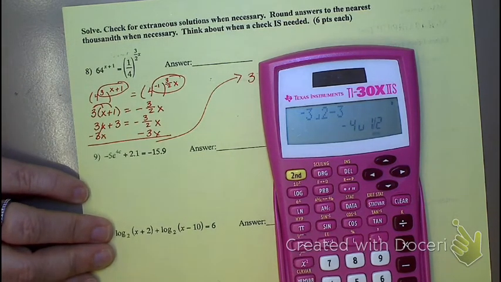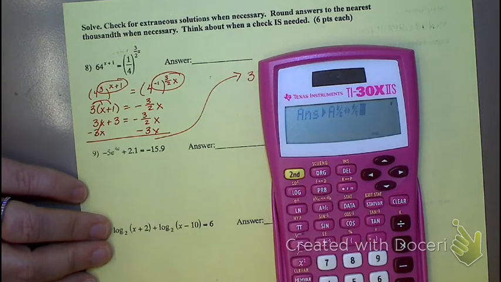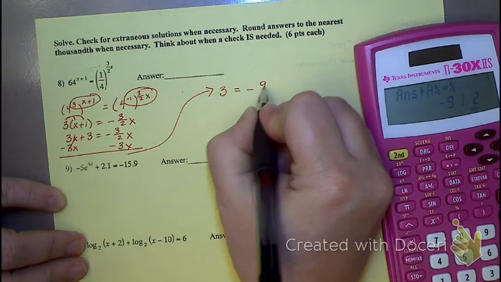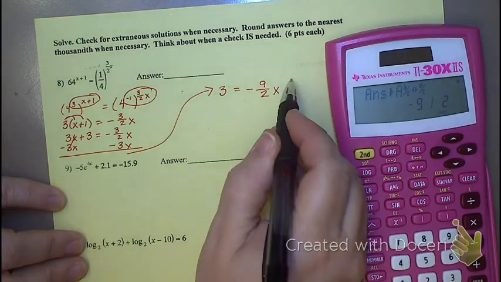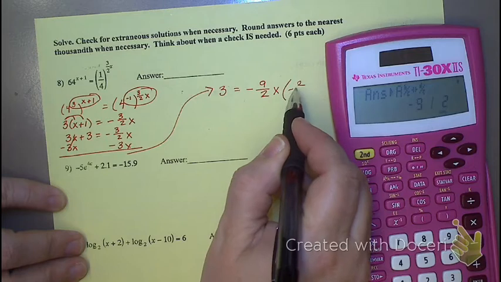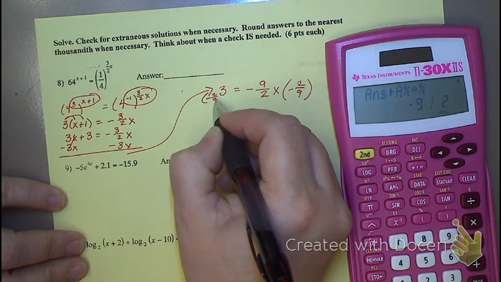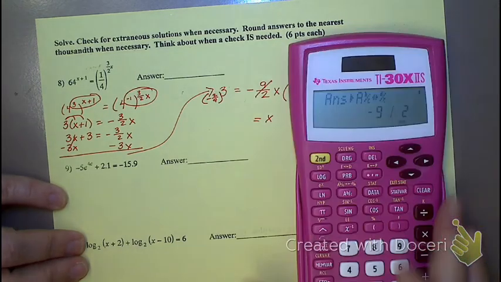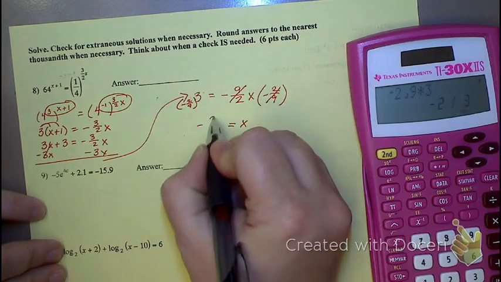I don't like negative 4.5, I want an improper fraction, so I hit second and my fraction button. I've got negative 9/2, so I have negative 9/2 x. Now what do I have to do? Multiply by the reciprocal, which is negative 2/9. And x equals negative 2/9 times 3, and I get negative 2/3.